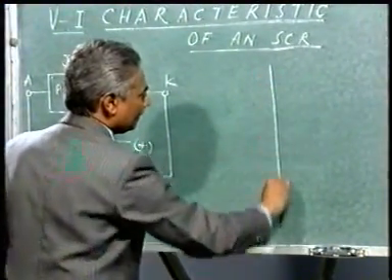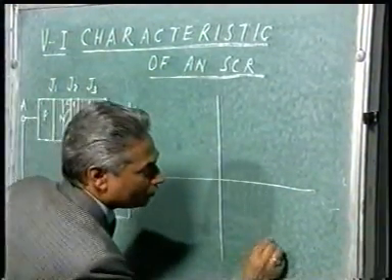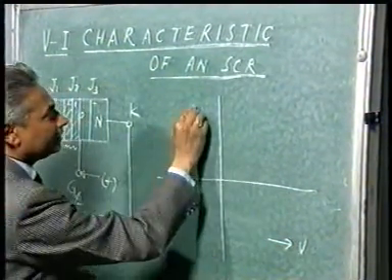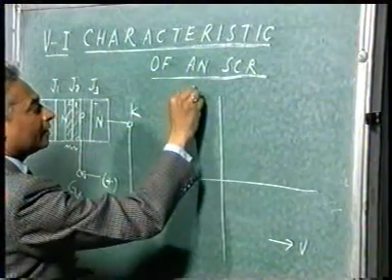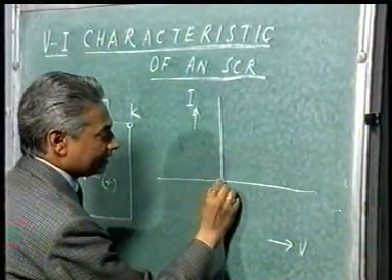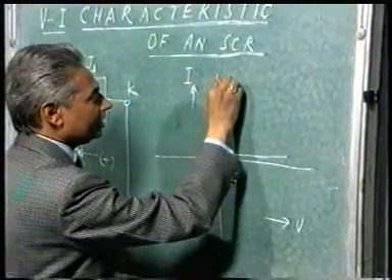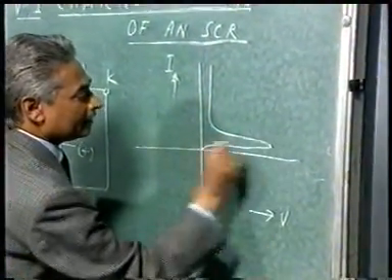If I draw, this is of course voltage, this is current. You will find that at the starting there is no current flowing, and the characteristic is something like this.